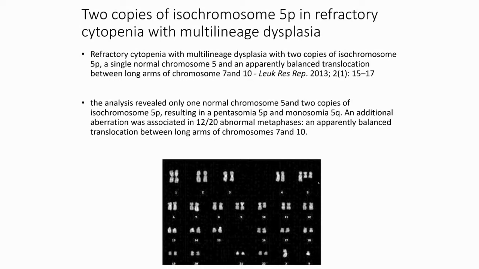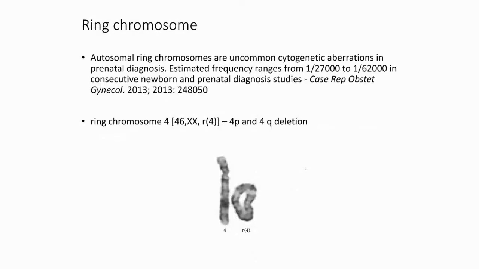And then you see this extra copy of chromosome number 5. And this is the example, chromosome number 4, see green, number 4, 46, XX female.